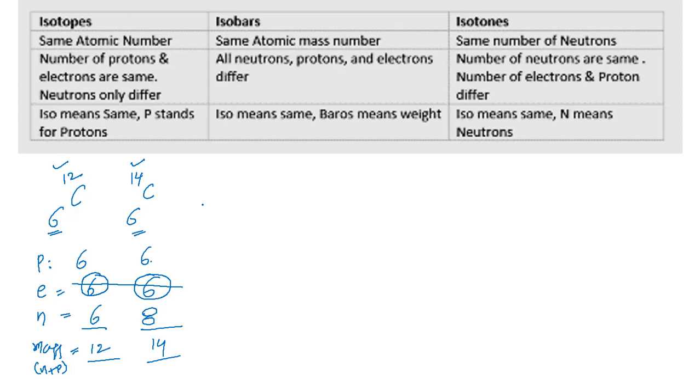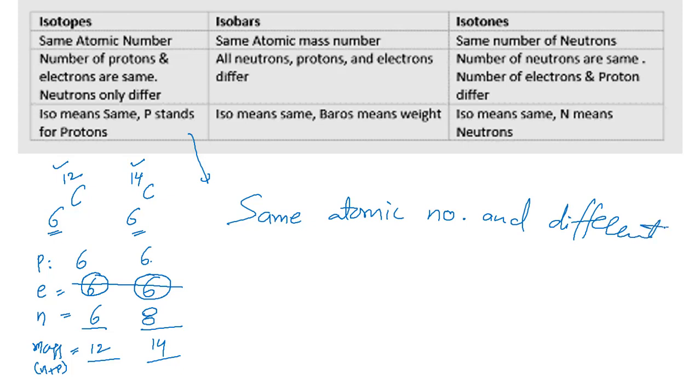So I can define this again. Isotope means same atomic number and different atomic mass. Species containing different atomic mass are known as isotopes.